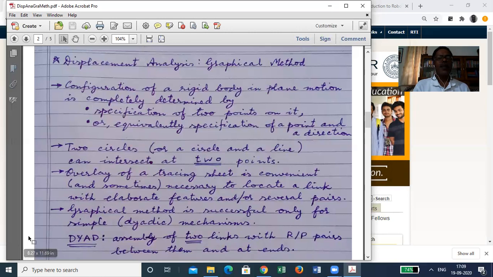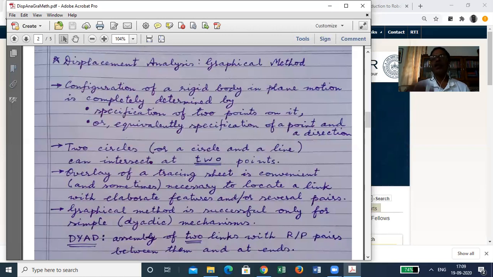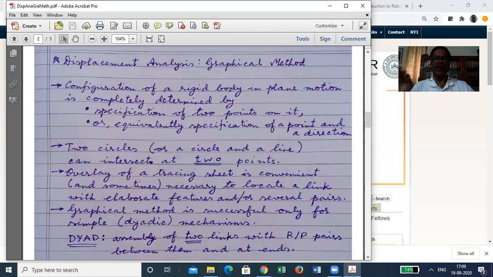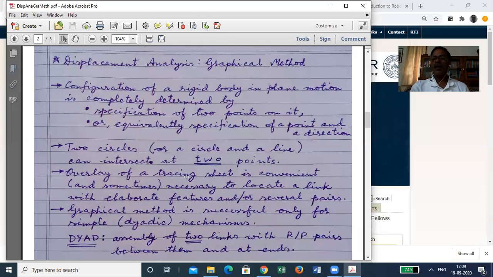Okay. So a tracing sheet is a transparent sheet on which you can make pencil marks. So in the original, where you have the full link with complicated elaborate geometry, or perhaps 5 kinematic pairs at peculiar locations, there you mark those points which are needed to copy it somewhere else.